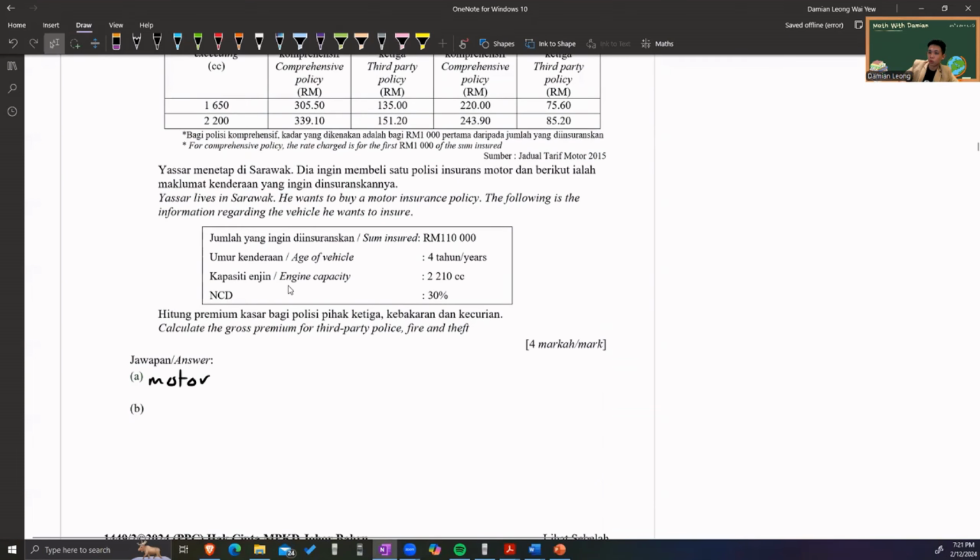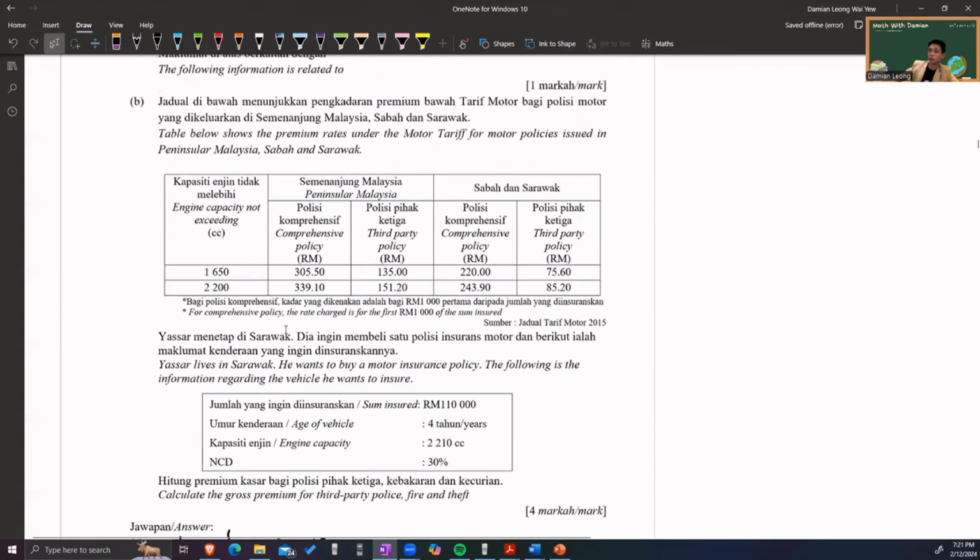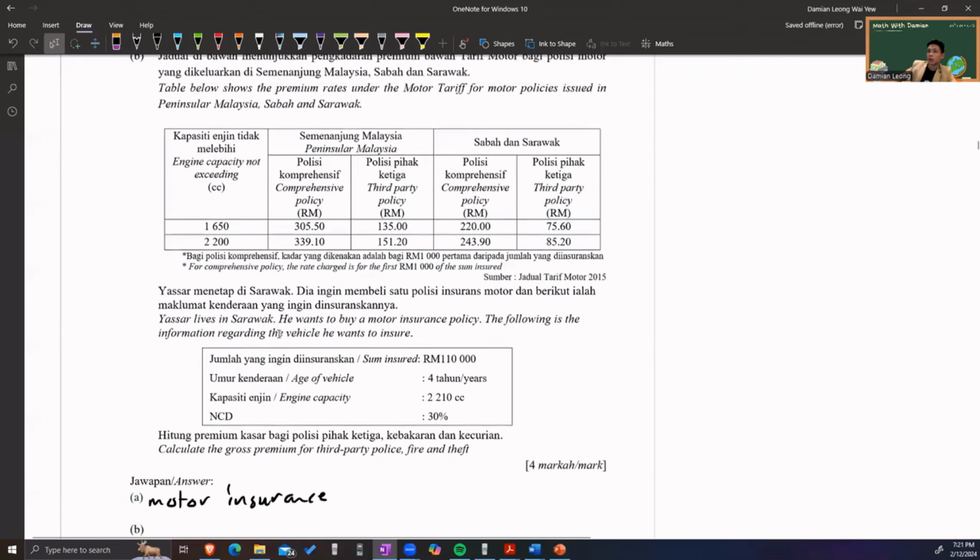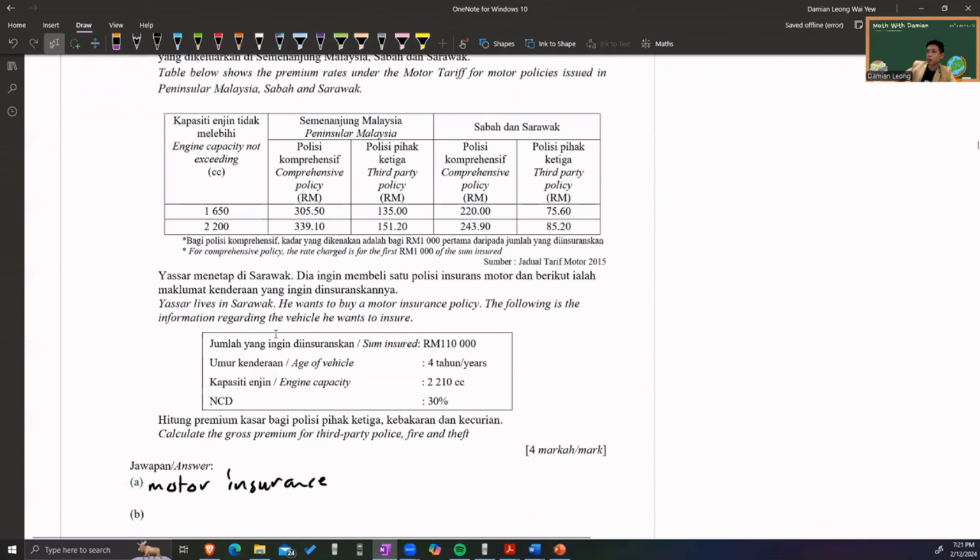Make sure you remember the types of insurance. The table shows premium rates under the motor tariff for motor policies used in Peninsular Malaysia, Sabah and Sarawak. Yasir lives in Sarawak, so we follow the Sabah, Sarawak rates. He wants to buy a motor insurance policy.